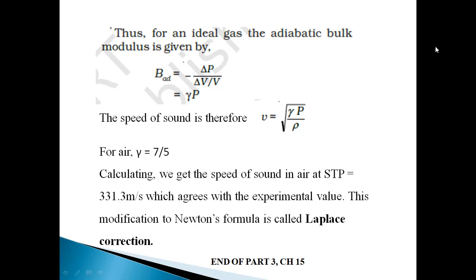The value of gamma for air is 7 by 5, and on calculating, Laplace got the value to be 331.3 meter per second, which was very accurately equal to the experimental value. So this modification to Newton's formula is called Laplace correction.